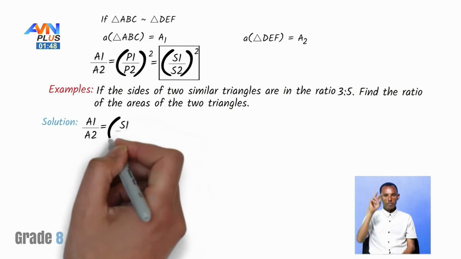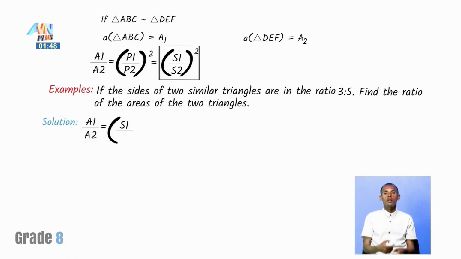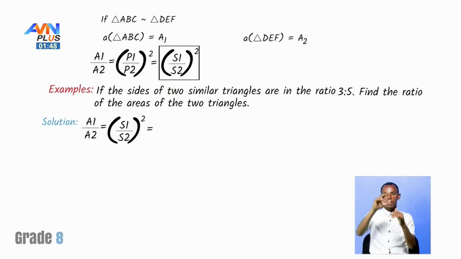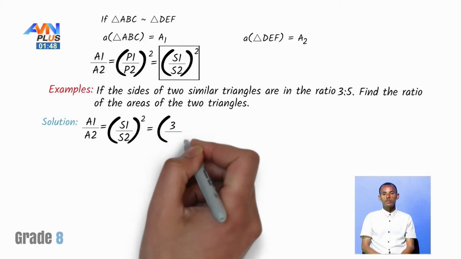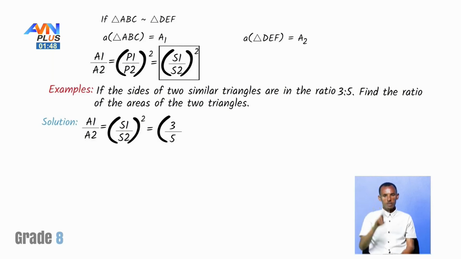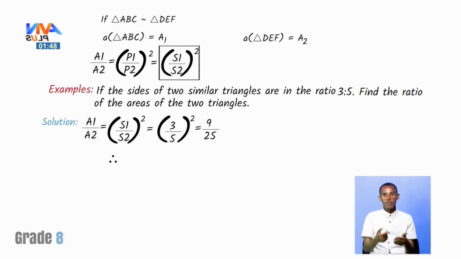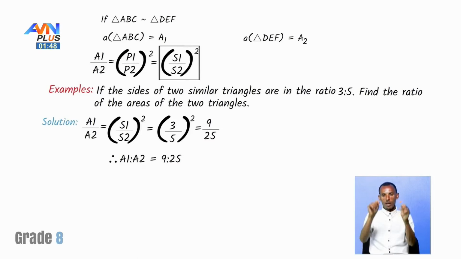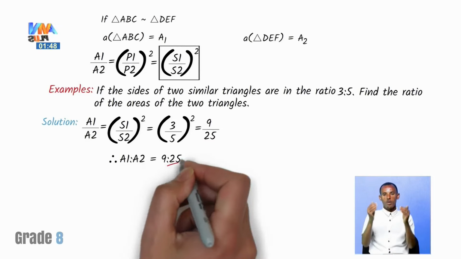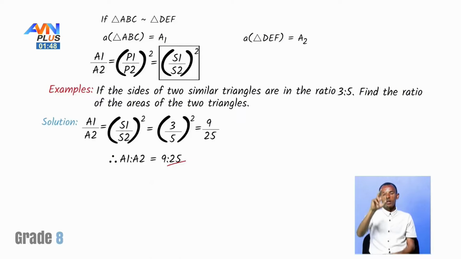Here S1 by S2 is 3 over 5, so you make it square, and this gives 9 by 25. Therefore, the ratio of the areas of the two triangles is 9 by 25.